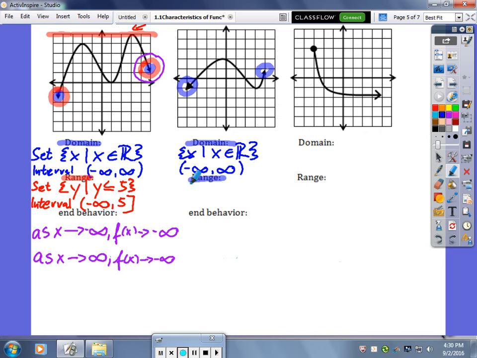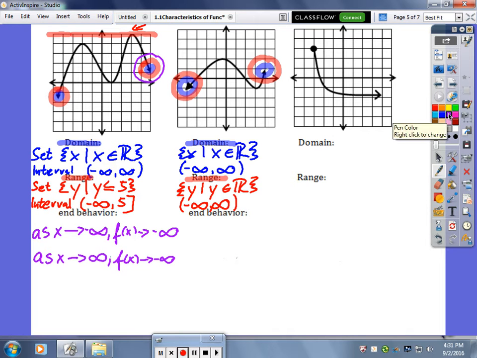Our range is similar. Our range goes also from negative infinity to positive infinity, again, this being indicated by our arrows. So in set notation, we will write y such that y is an element of R. And in interval notation, negative infinity to positive infinity, and both times we use parentheses.